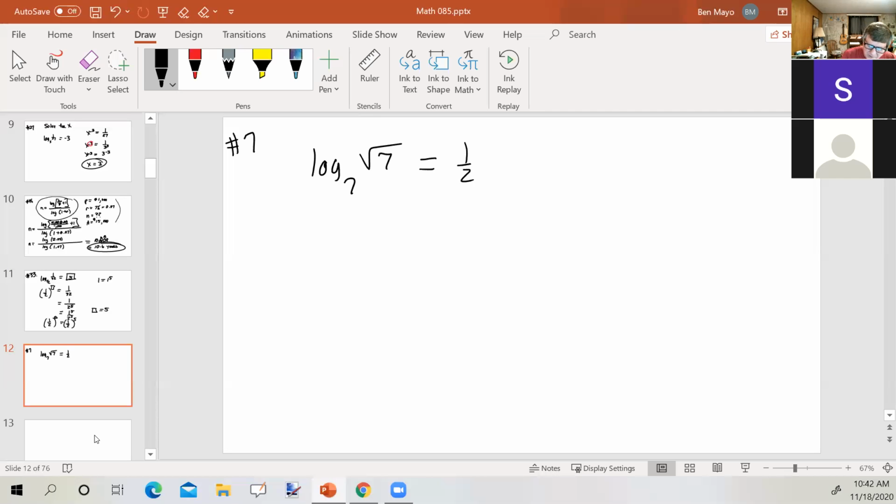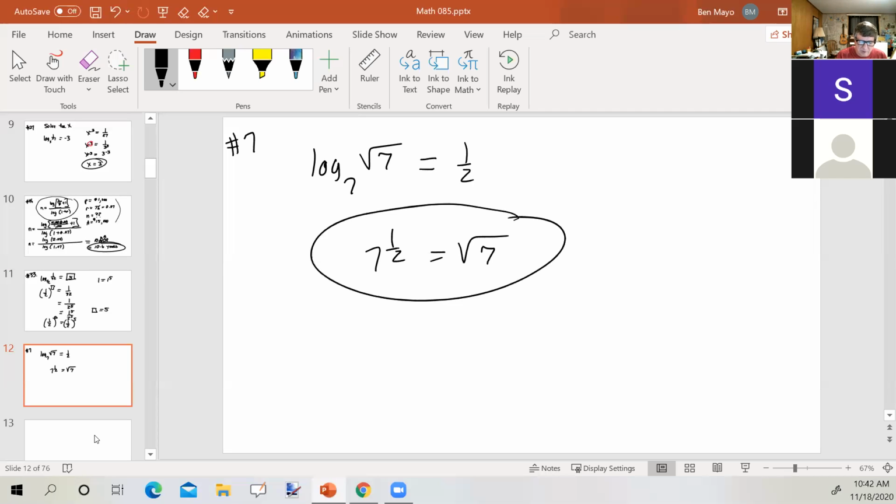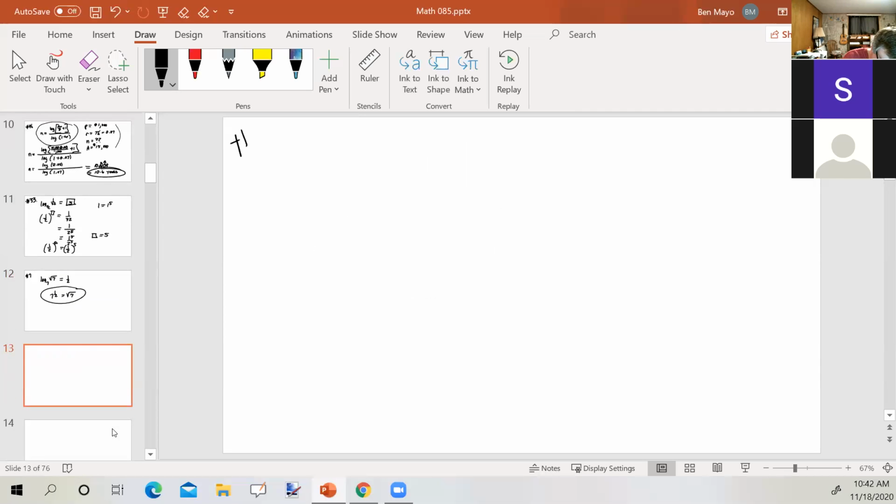So the base is 7. So we're going to have 7 to the 1/2 power equals the square root of 7, which is the same thing as 7 to the 1/2 power. So this is it written in exponential form. Questions about that one? All right. Number 9. Write the logarithmic equation as an exponential equation.